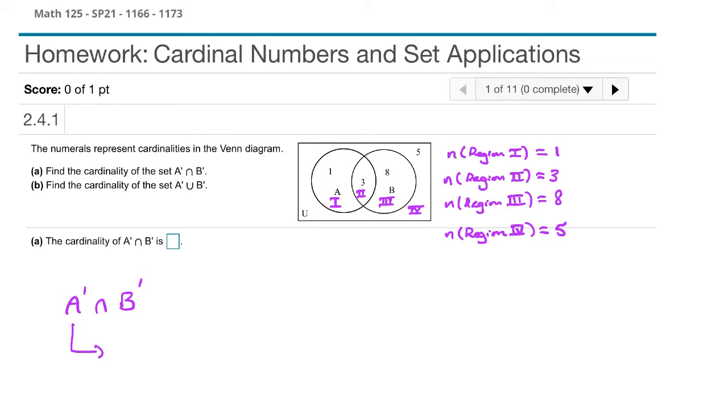For this set A prime, remember that A prime is talking about the complement. And the complement, remember, is the regions not in the set.